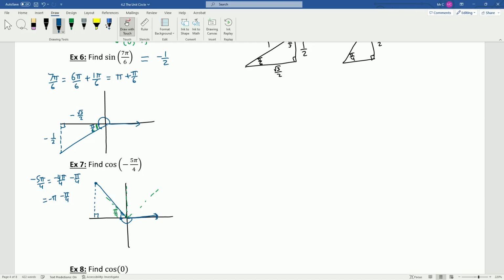And I know that across from the side pi over 4, I always get the square root of 2 over 2. And my other side will also be the square root of 2 over 2, except the x value is negative here. So cosine of negative 5 pi over 4 is negative root 2 over 2. And of course, the sine value would be positive root 2 over 2 for this one.